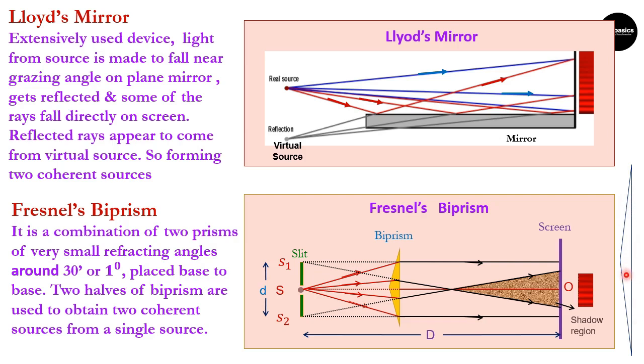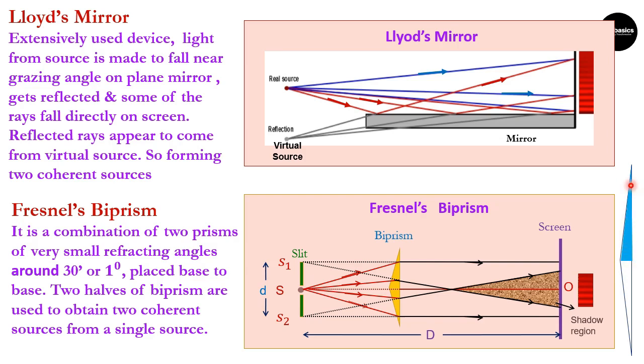It is considered that this sort of prism is made up of two prisms which are fixed base to base. This is its refracting angle, and this is the base of the prism.